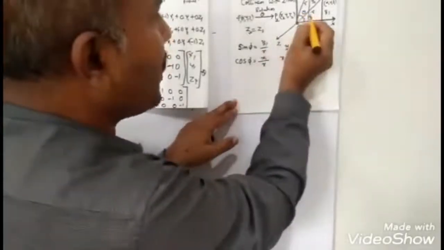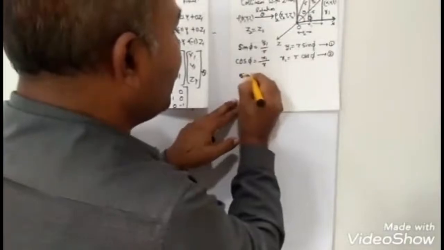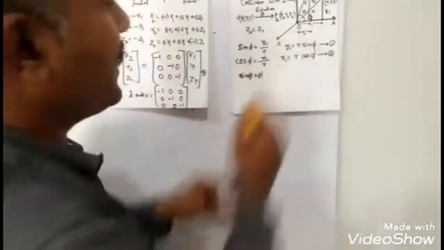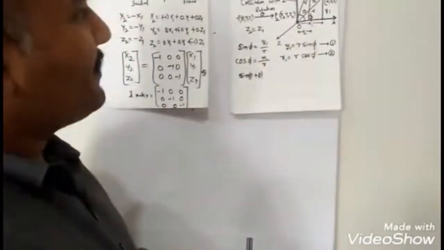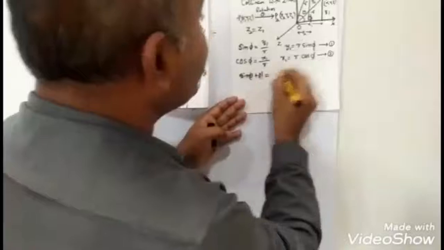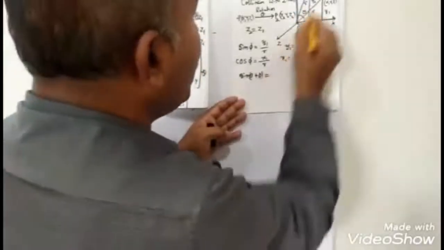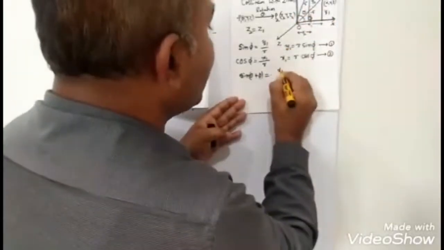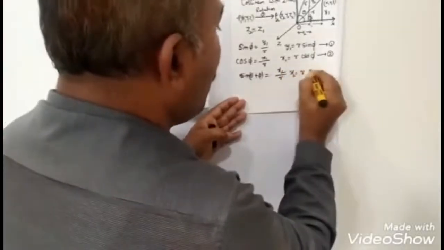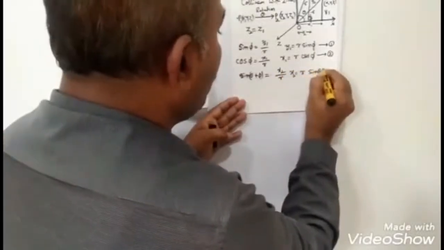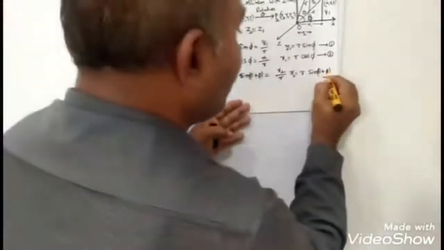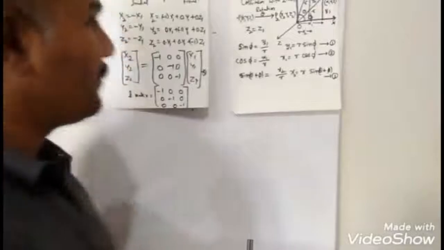So what is sin of theta plus phi? Sin of theta plus phi is opposite by hypotenuse, that is y2 by r, and y2 is equal to r sin of theta plus phi. This one is taken as equation number 3.